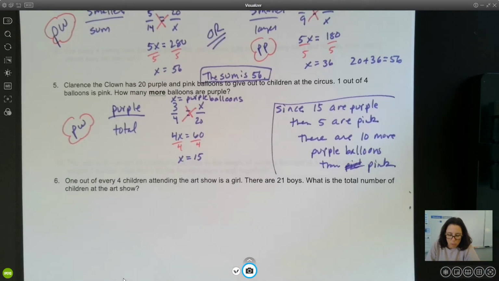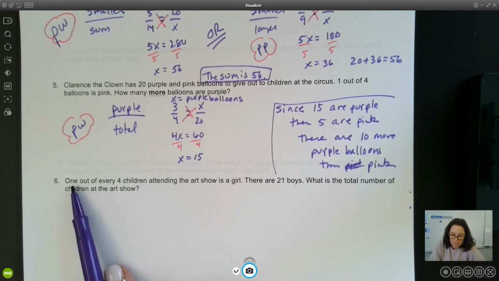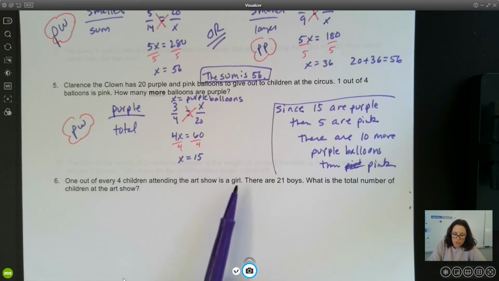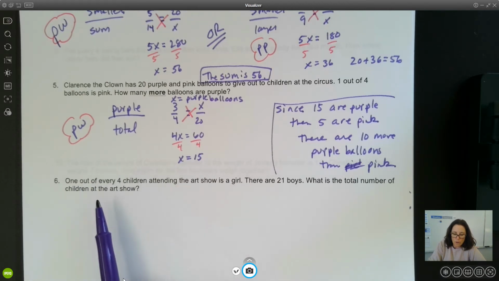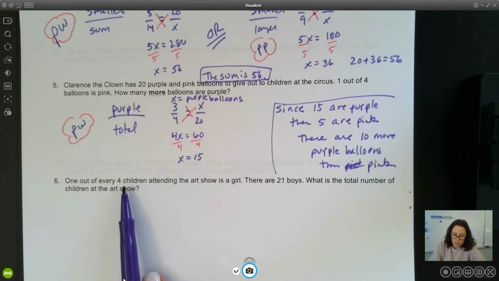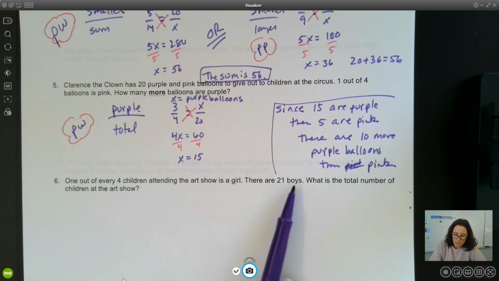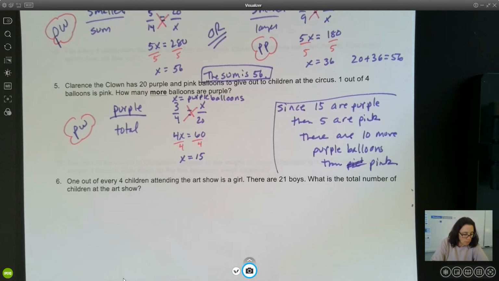Number 6, 1 out of every 4 children attending the art show is a girl. There are 21 boys. What is the total number of children at the art show? All right, super important to understand. 1 is a girl, 3 are boys, 4 total, 21 boys. And they want the total number of children.